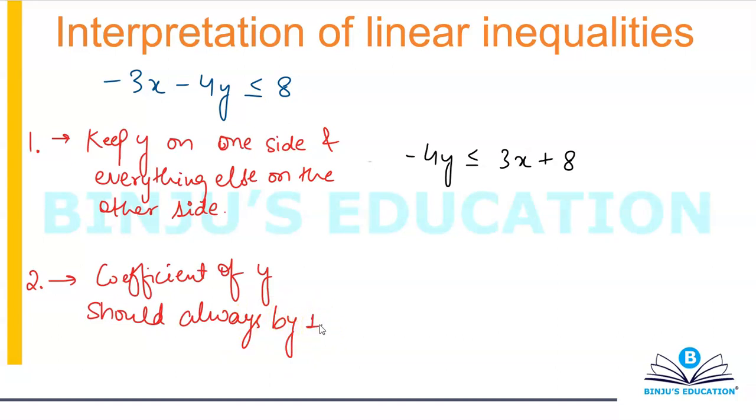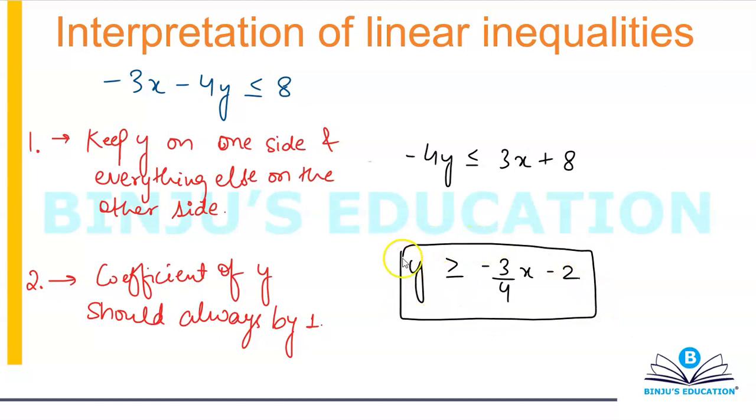Now, if I want the coefficient of y to be 1, I am supposed to divide the left hand side by minus 4, which means I'll have to divide the right hand side by minus 4 also. Now, when we were doing linear inequalities, I told you that whenever you multiply or divide by a negative constant, the sign of the inequality changes, right? So this will become y is greater than or equal to negative 3 by 4 x minus 2.